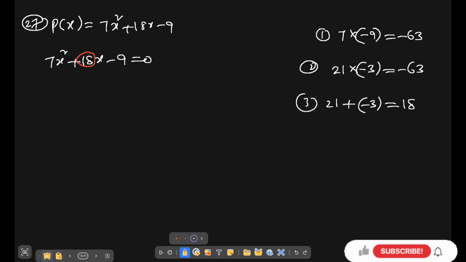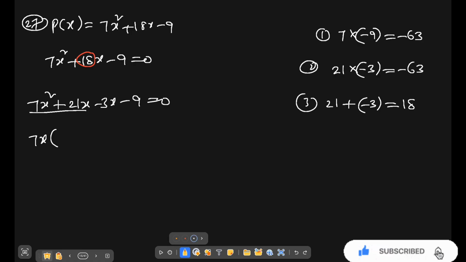So let's rewrite the middle term like this: 7x square plus 21x minus 3x minus 9 equals 0. From the first two terms you can take 7x common. If you take 7x common, here we will have x, and here we will have 3. From the next two terms let's take minus 3 common.